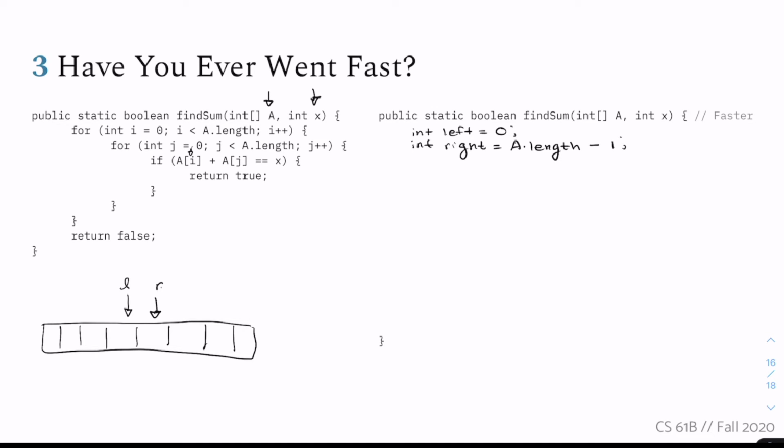And then while left is still less than or equal to right, it can be equal to, we'll go through our 3 cases. So if a[left] plus a[right] equals x, then that's great, we're done, we return true.